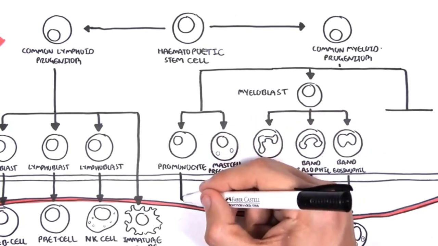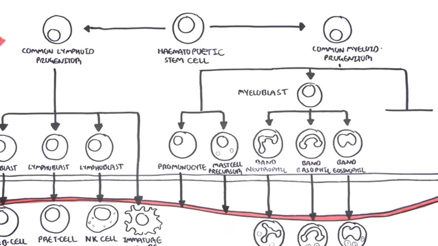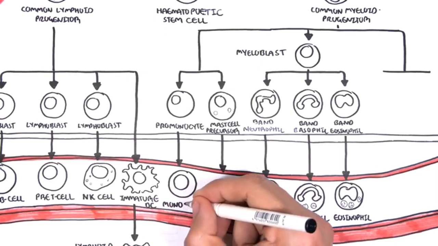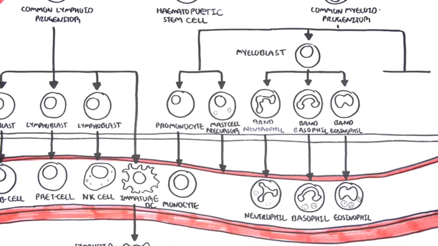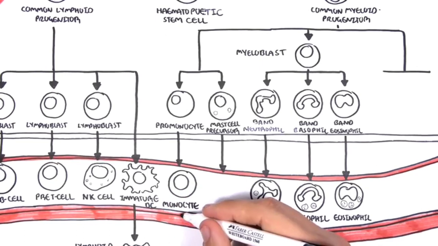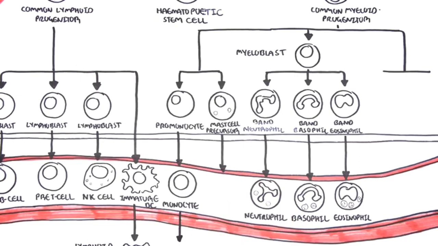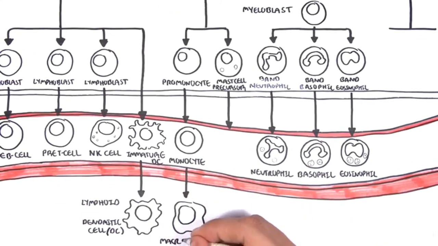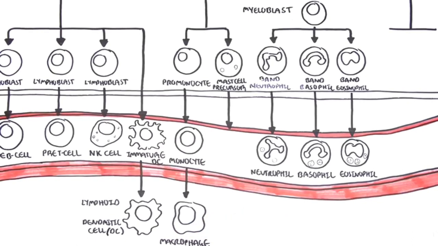The common myeloid progenitor cell can differentiate and become pro-monocytes and mast cell precursors. The pro-monocytes then mature and become what we know as monocytes. They are essentially circulating macrophages, and once they move into a tissue such as the skin, they become tissue macrophages. Macrophages are antigen presenting cells, which again are important in the connection between innate and adaptive immunity.